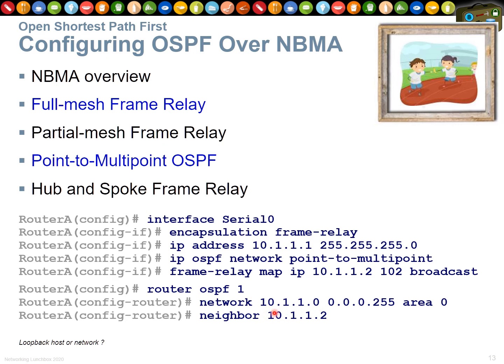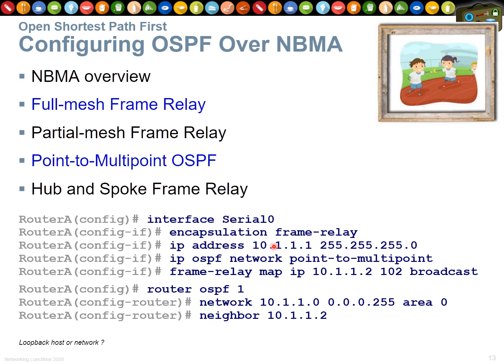So what we say is, you know what? Don't send out multicasts looking for neighbors. Send out a unicast because this is the IP address of your neighbor, and therefore you'll be able to find your neighbor and everything will be fine.